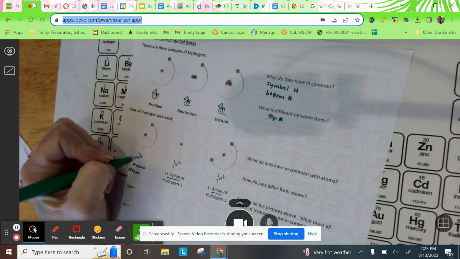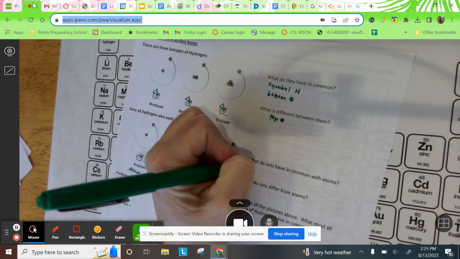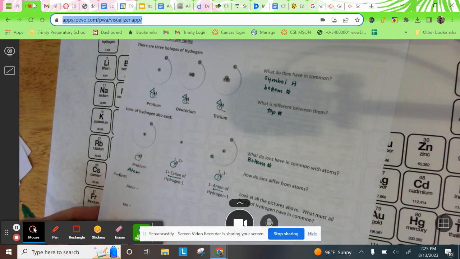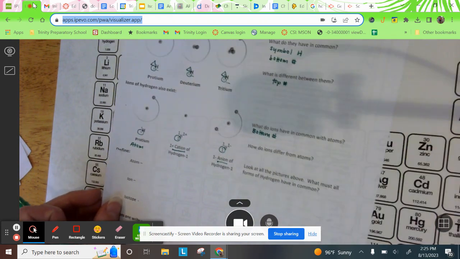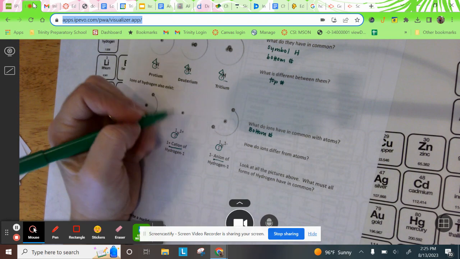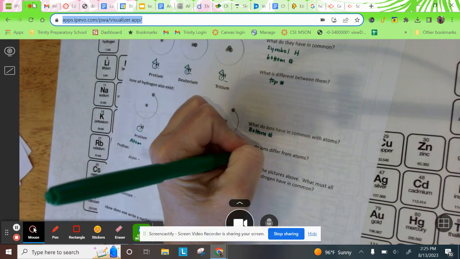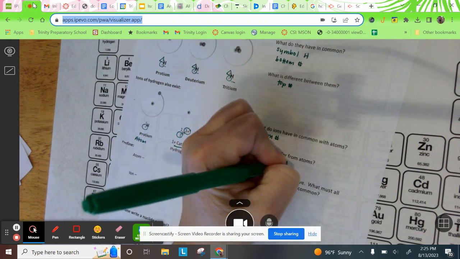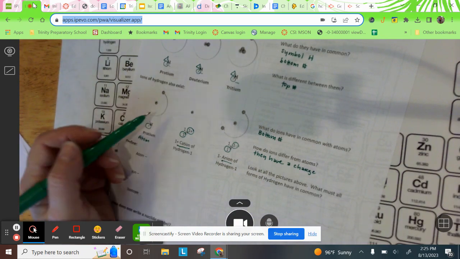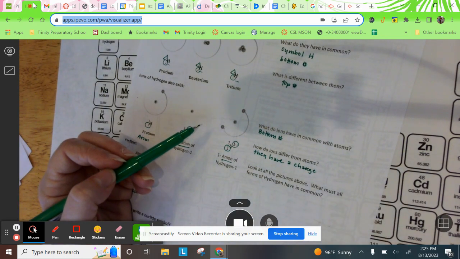So what do ions have in common with other atoms? If you'll notice, they all have that same bottom number. So I'm going to put bottom number right now until we define what that is. But you may in your head think, I know what that is, that's fine. How do ions differ from atoms? Well, it's this thing right here, right? They have a charge. And if you recall, the charge means it's either lost or gained an electron, or more than one electron.